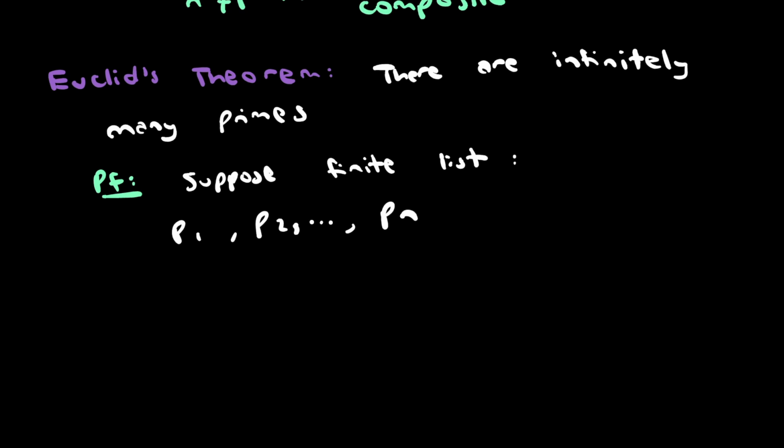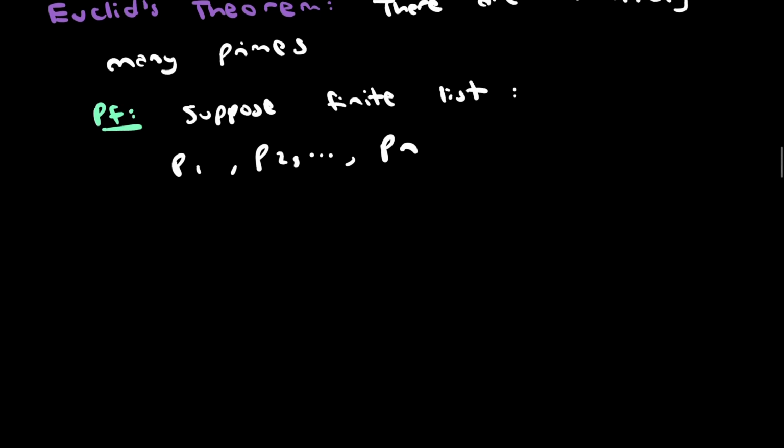That means we can build some number n to be built from the factorizations with these limited numbers of primes, right? And every integer greater than 1 has at least one prime factor, so n has a prime factor p.